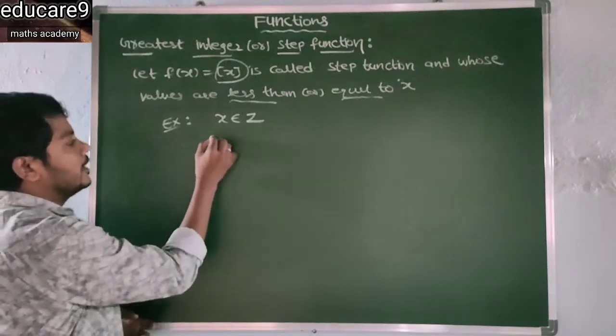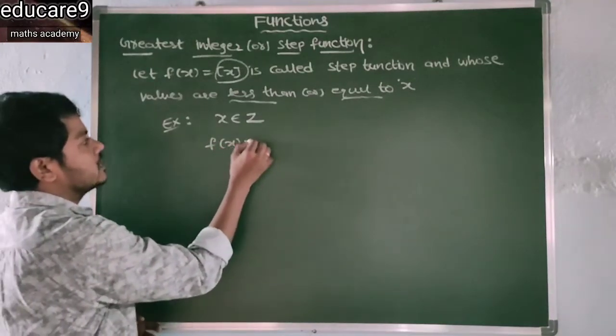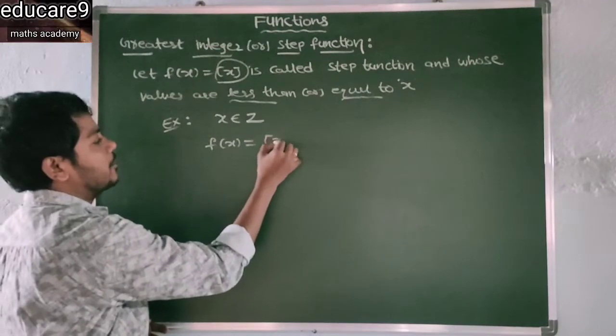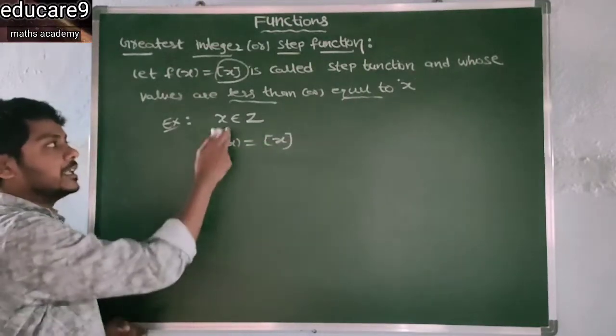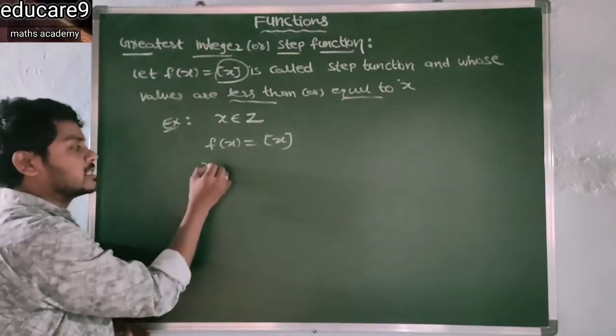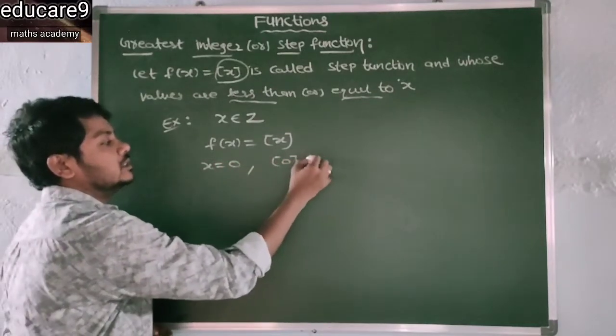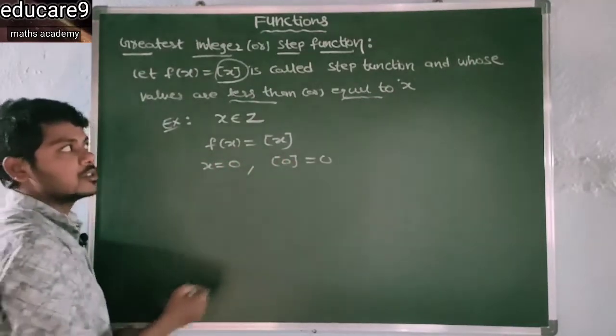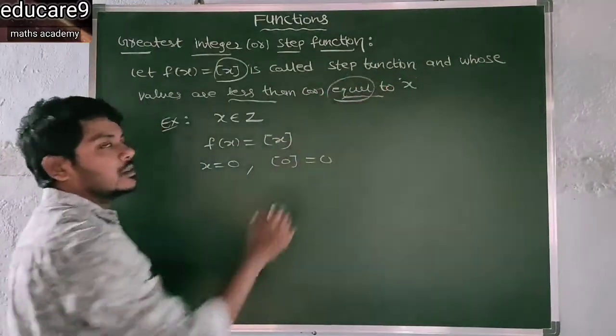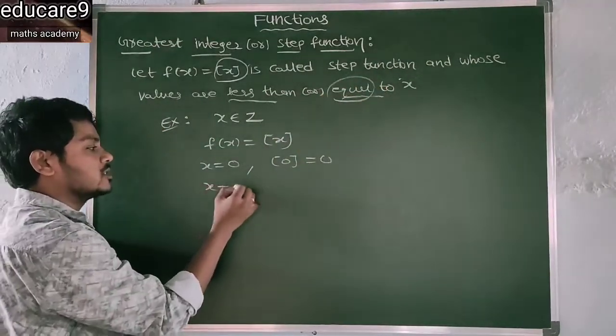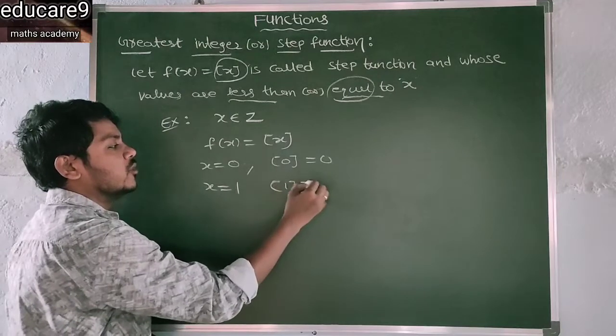Now f of x, so what is that? Step x. Here x belongs to integer. Take x is equal to 0. So what is step 0? 0 only. So here it is equal. If x is equal to 1, step 1 is 1.